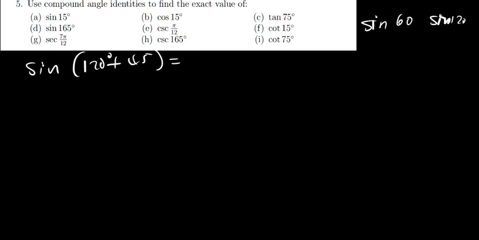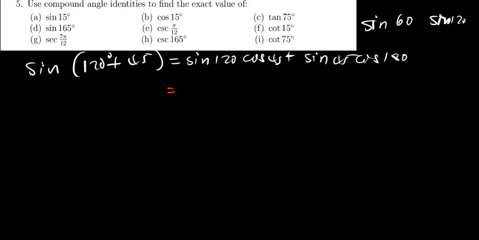So when you reach this point, you just say sine 120 times cos 45, plus sine 45 and then cos 120. Cos 120 is the same as cos 60.